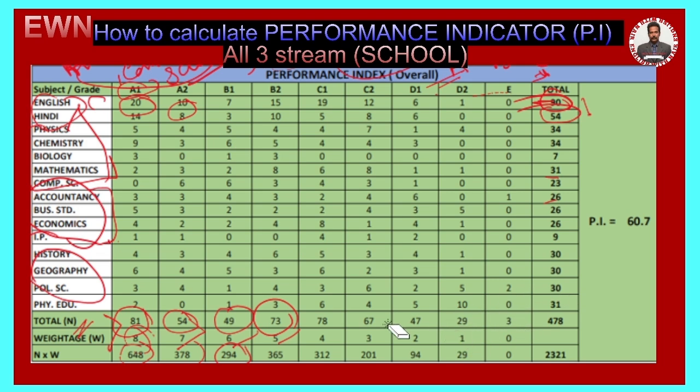So for PI, what is the formula? PI is the summation of NW, right? So what is the summation of NW? We get here 2321, right? So 2321 upon, then we add it.